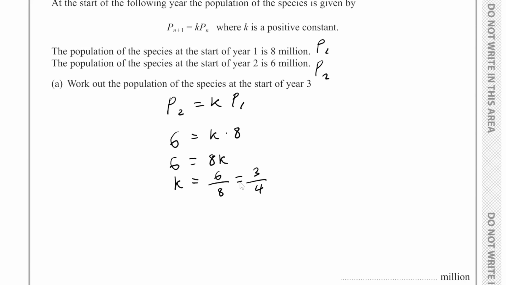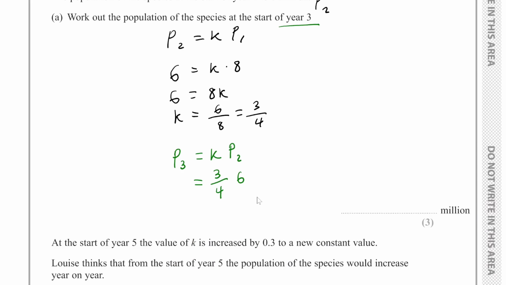And then we can use that to find the population in year 3. So the population in year 3 is K times the population in year 2. So 3/4 of 6 million. 1/4 of 6 is 1.5. 3/4 of 6 is 4.5. So it's 4.5 million.